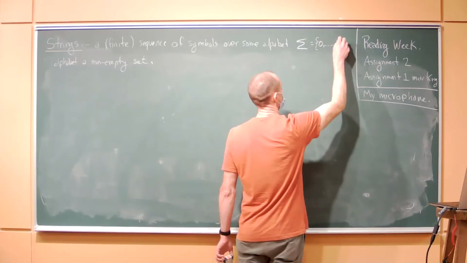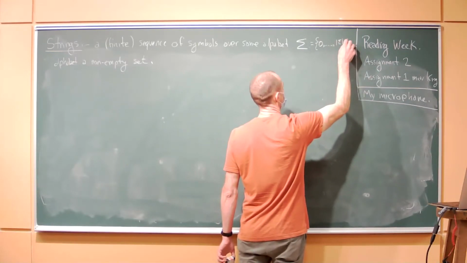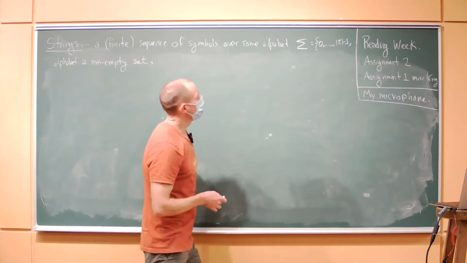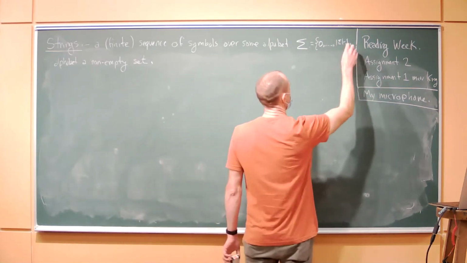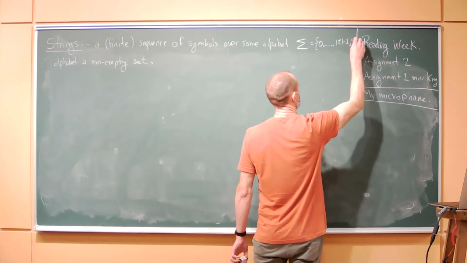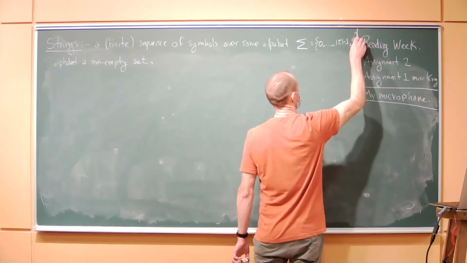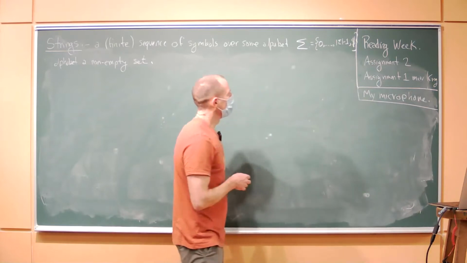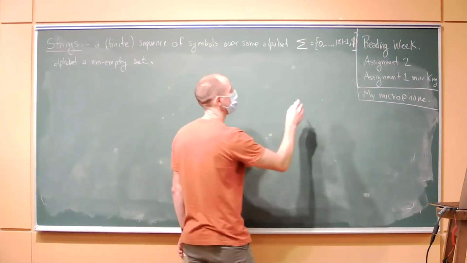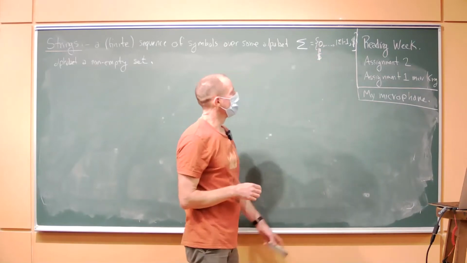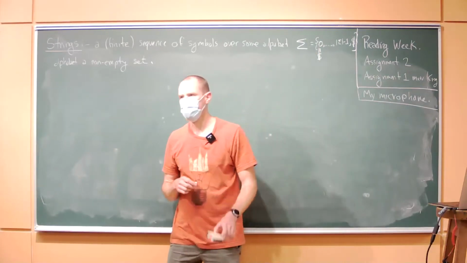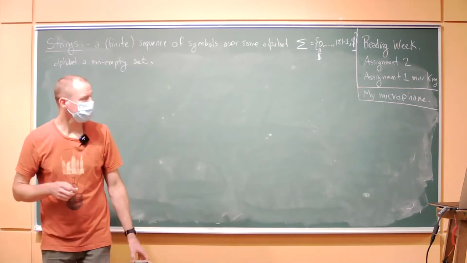So let's say 0 to the size of sigma minus 1. And sometimes, in addition to those integers, there may be an extra special character, which is not an integer. Or if you like, that special character 0 is somehow the special character in the alphabet. Okay.